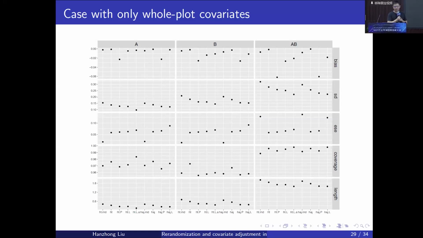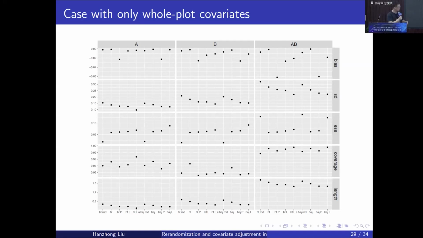The first row shows the bias of the estimators. Although these estimators are asymptotically unbiased, they may have a small finite sample bias. The second row shows the standard deviation, and we can see clearly that both re-randomization and the covariate adjustment can reduce the standard deviation and thus improve the efficiency.